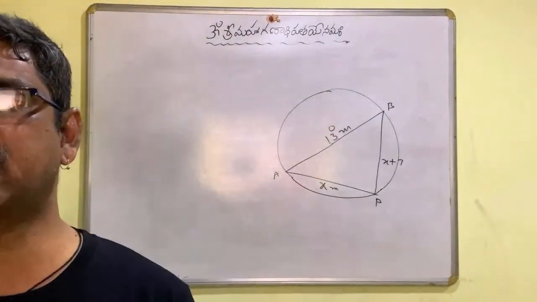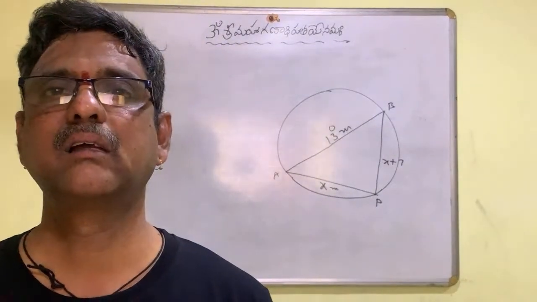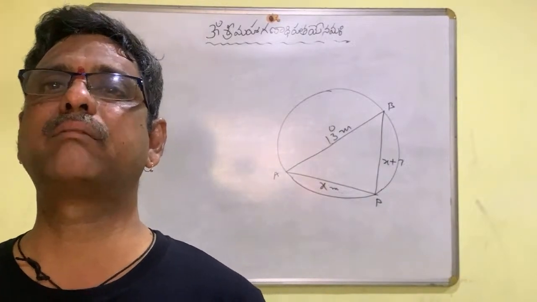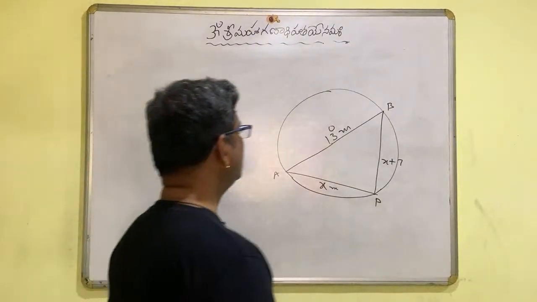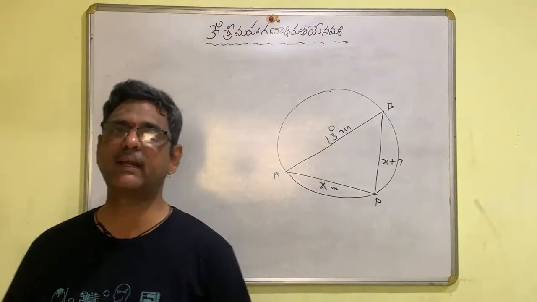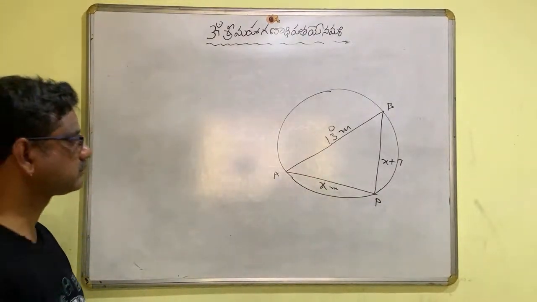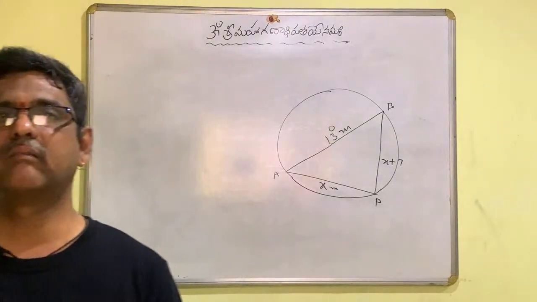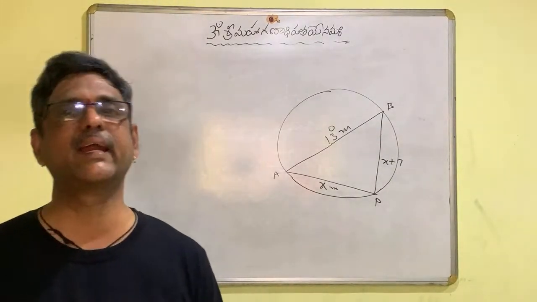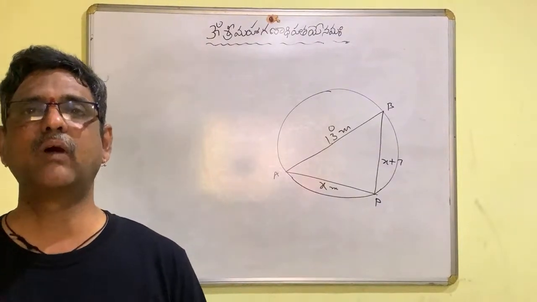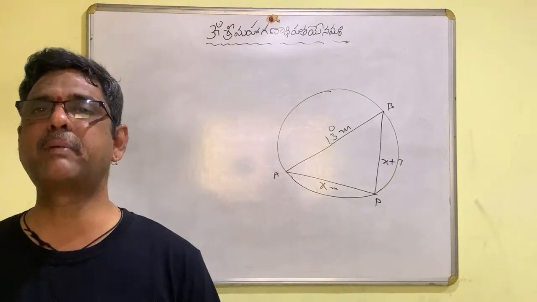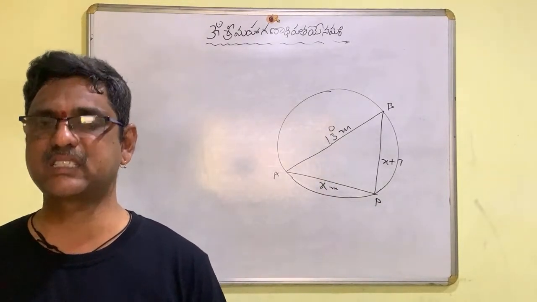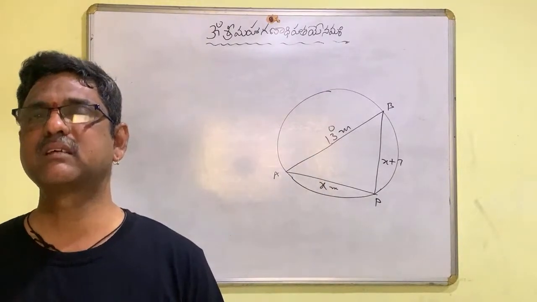There is a circular park and there are two gates, A and B, and these two gates lie on the diameter of the circular park. Okay? Means the length of diameter is 13 meters. And there is a point P on the boundary of the circular park where a pole was erected. The difference of distances PA, PB is 7 meters.